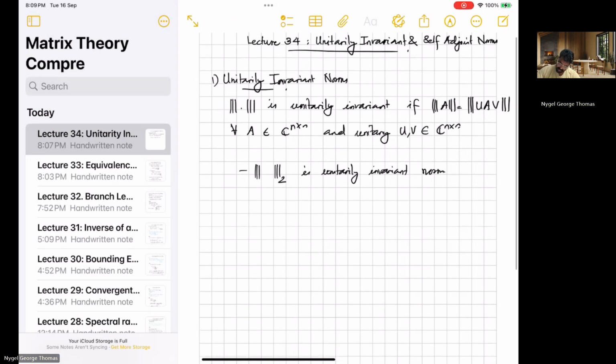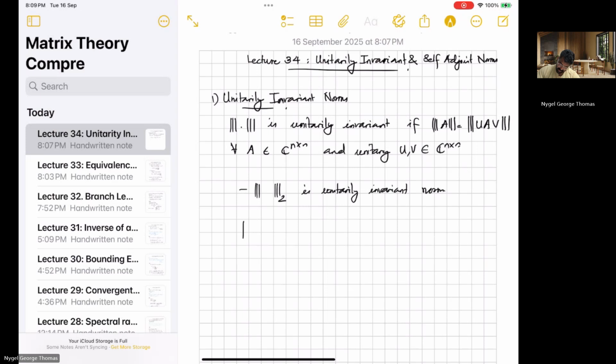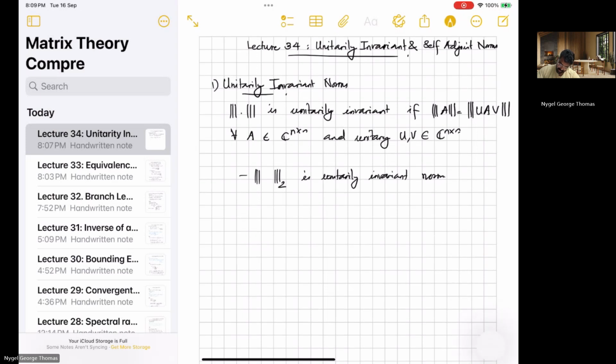So the spectral norm is the root of rho of A Hermitian A, right? This is the spectral norm of A. This is the square root of rho of A Hermitian A, or A times A Hermitian, whatever.